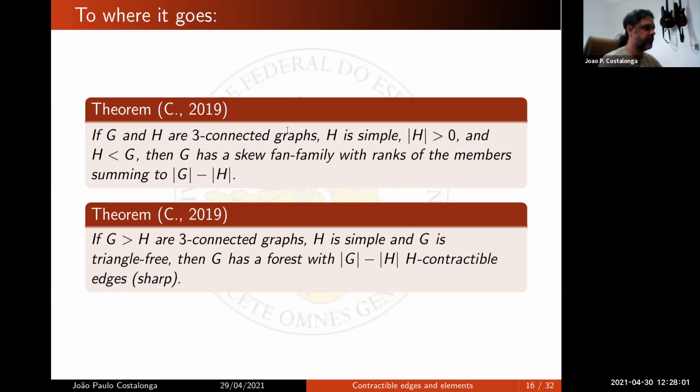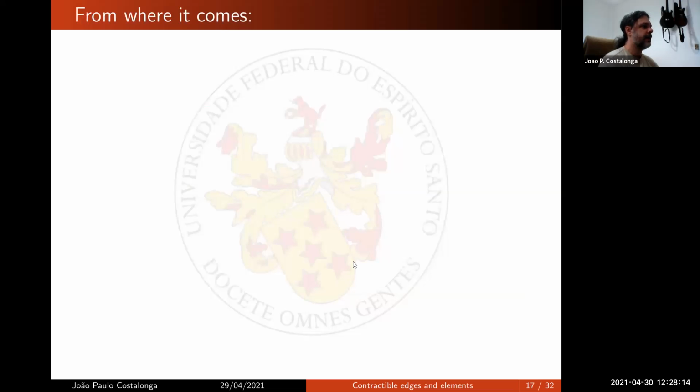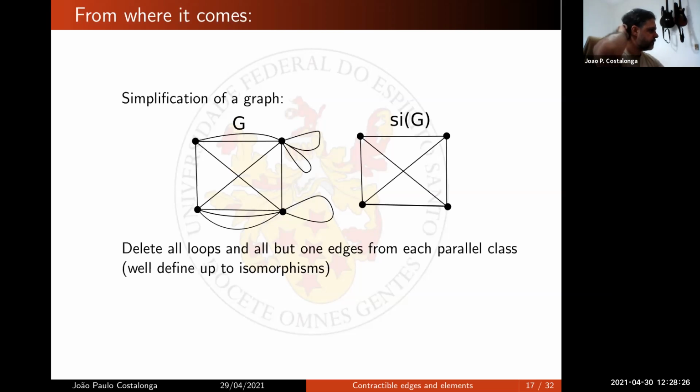Okay, this is the theorem I stated, and there is the triangle free version, and I already commented how you get one from another. And the other question from Eric is about the idea of how this result works. There is an interesting methodology in this work. First, we talk about the simplification of a graph.